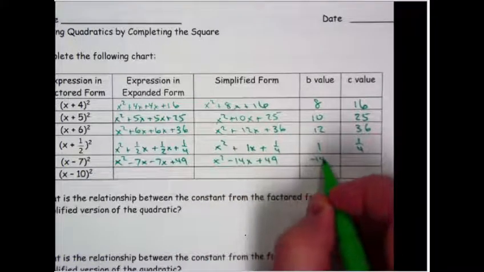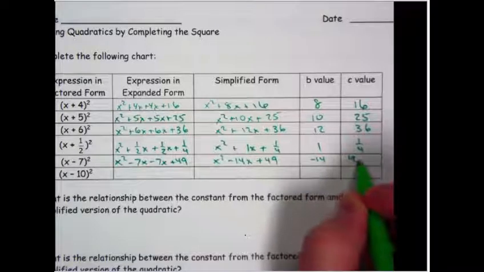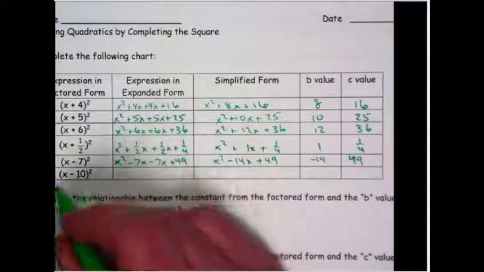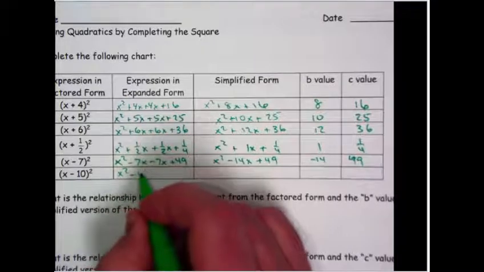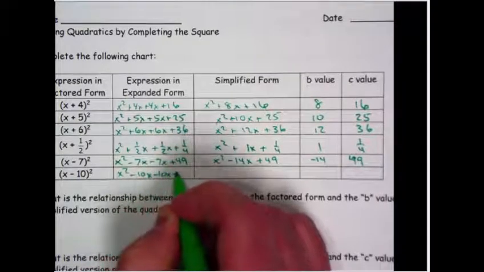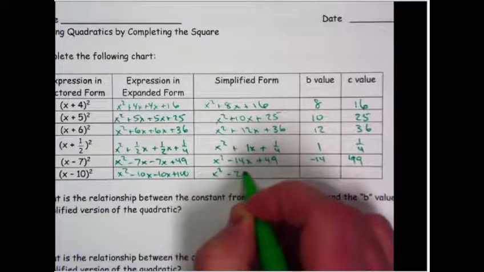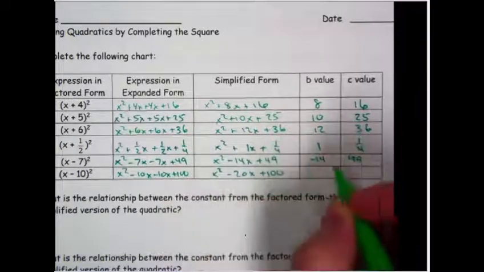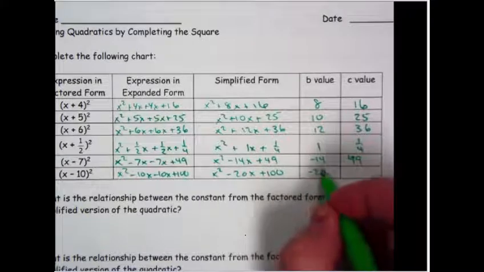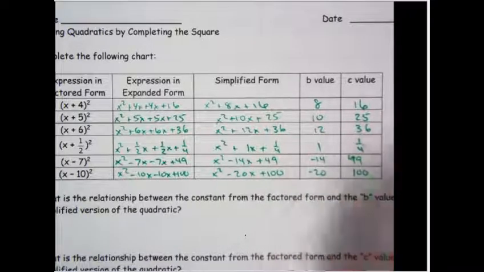B is negative 14, c is 49. Let's see, x squared minus 10x minus 10x plus 100 is x squared minus 20x plus 100. The b value is negative 20, the c value is 100.